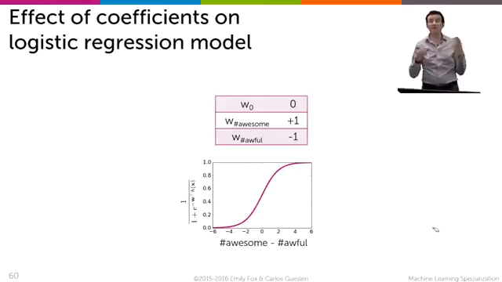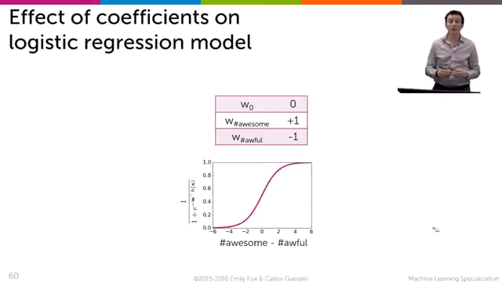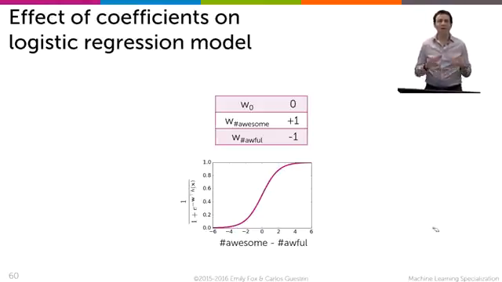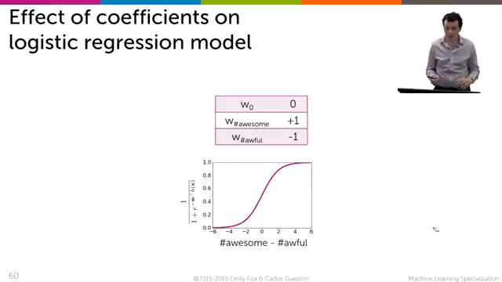Now that we've explored the decision boundaries that come from a logistic regression model and the notions of probability, let's explore a little bit more the effects of the coefficients that we learn from data, both on the boundary and also on the confidence or the sureness that we have about a particular prediction, on the actual probabilities that we predict. If we take a very simple model with just 2 features, number of awesomes and number of awfuls, and we look at the coefficients of those features as well as the constant W0, let's see what happens.